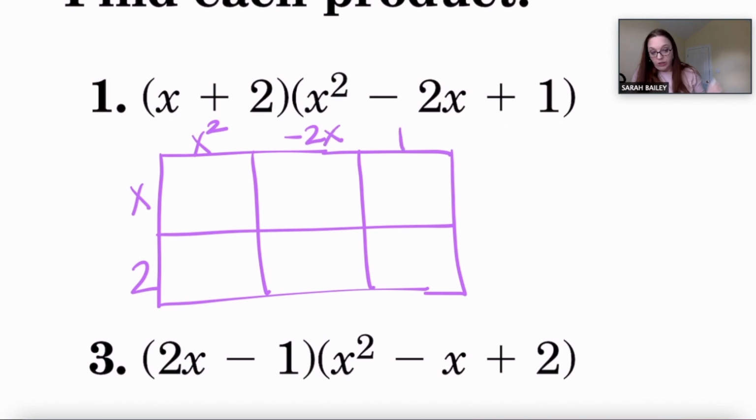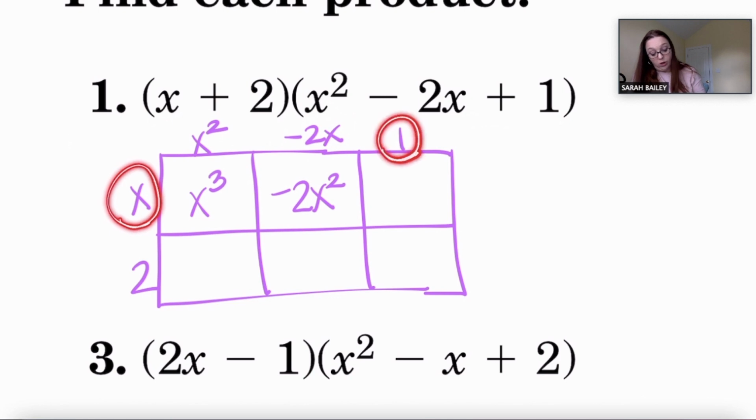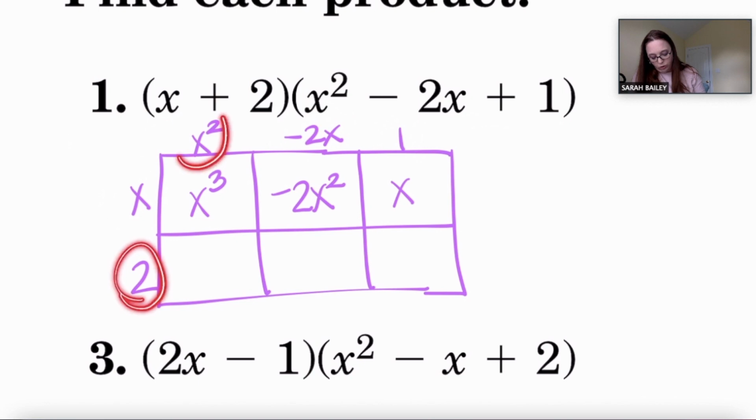So I'm going to do just like I did before. x times x squared, which would be x cubed. x times negative 2x, so that's negative 2x squared. Then x times 1, which is 1x, or just plain x. 2 times x squared, so that would be 2x squared. 2 times negative 2x, so that's negative 4x. And 2 times 1, which is 2.